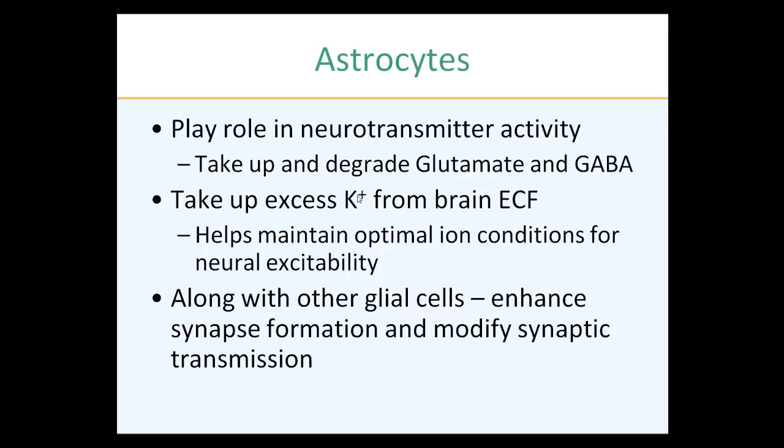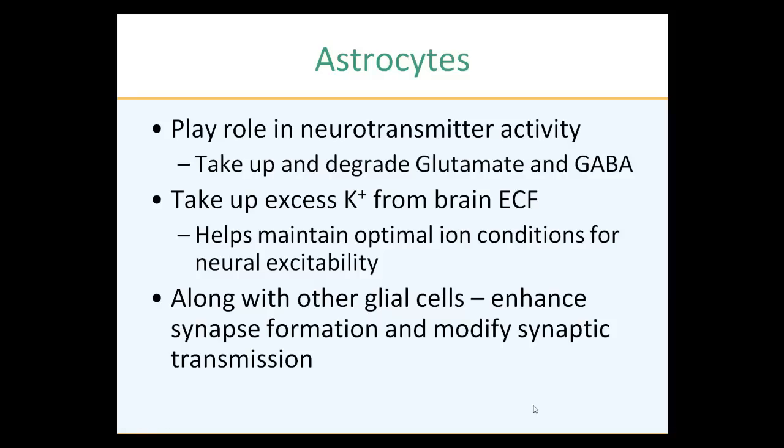If they find neurotransmitters randomly roaming around, they would uptake those and degrade neurotransmitters like glutamate and gamma aminobutyric acid, also known as GABA. In addition, and this is a new function that has been recognized recently, they enhance the synaptic formation.